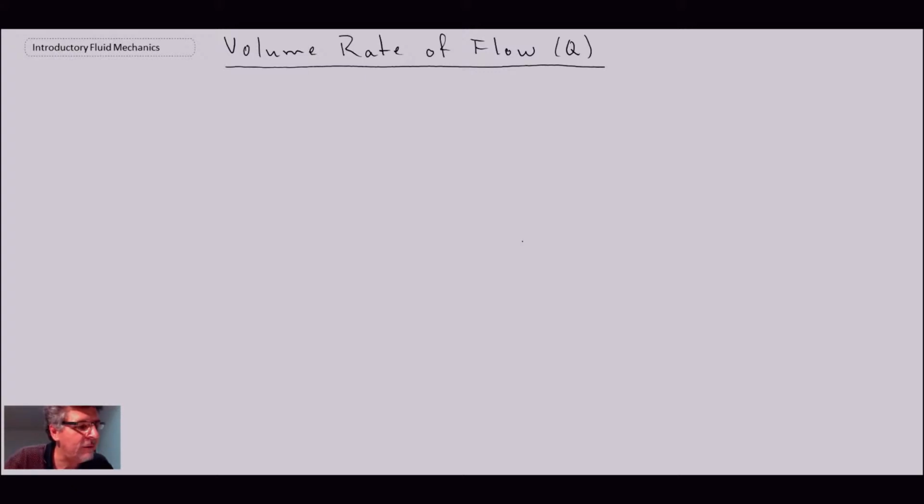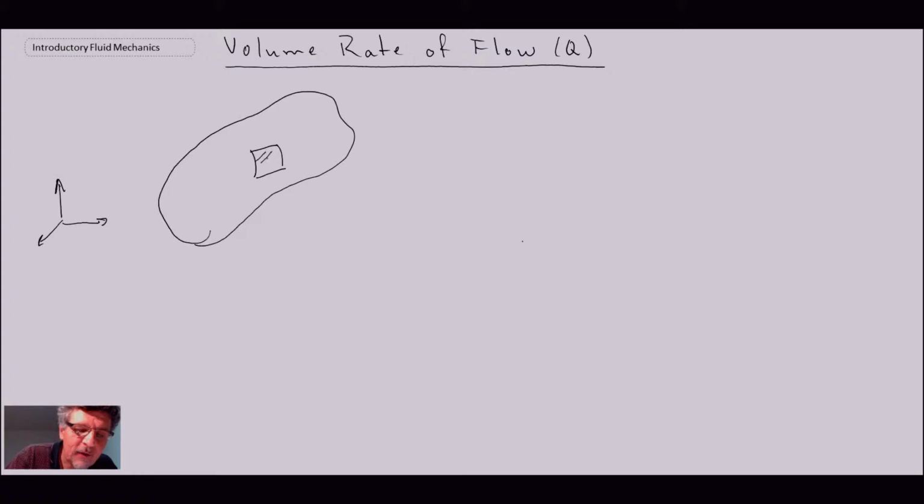Now what we'll begin with is a surface or a body, and we'll begin with coordinates, and we have some arbitrary body here, and let's imagine that we have a surface on this body. On this surface, we're going to draw a unit normal vector.